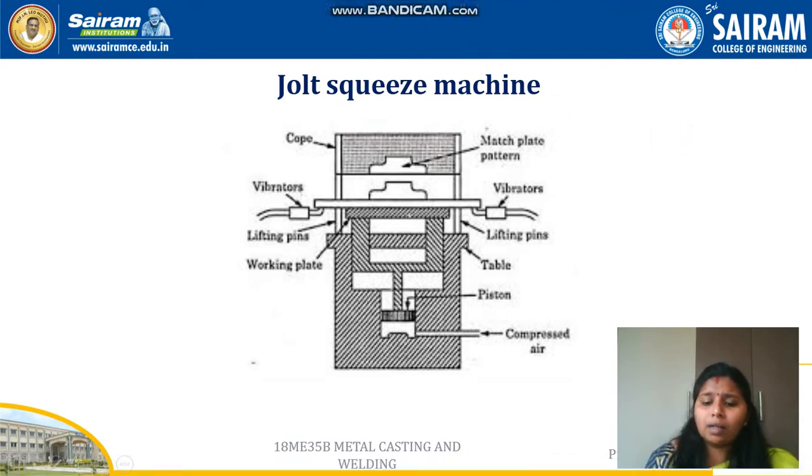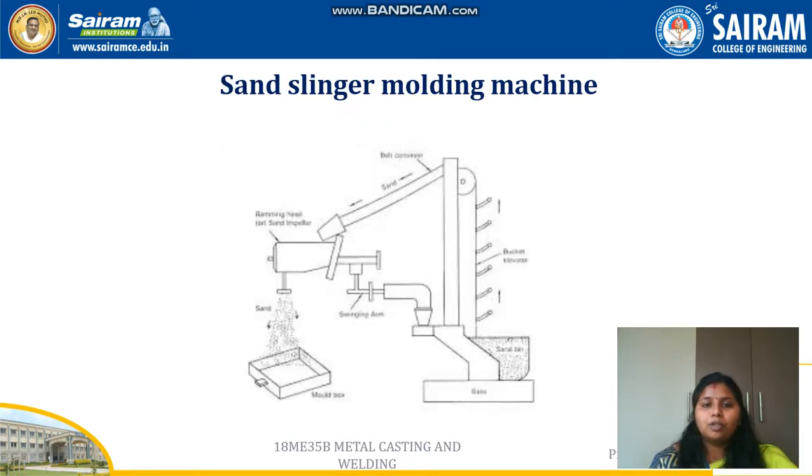And the next one is the sand slinger machine. The sand slinger machine is an equipped unit which throws the sand rapidly with great force into the mold box. In the diagram you can see there is a base, and along with this a sand bin. There are many buckets or elevators going through it. The sand is taken in the buckets and goes through the elevator.